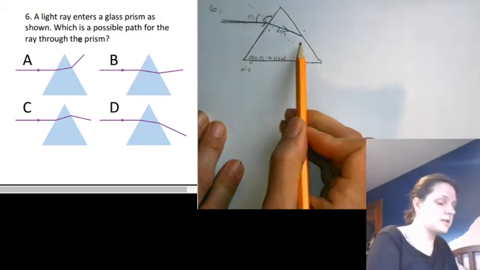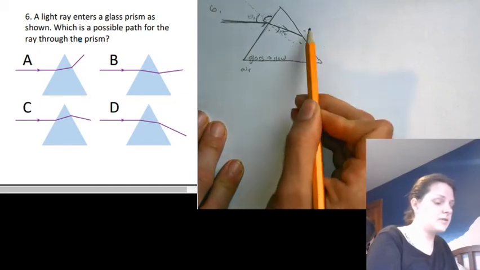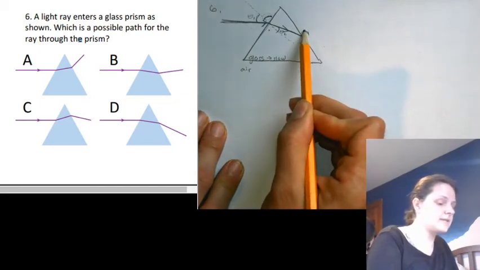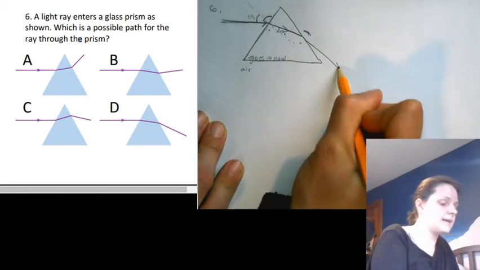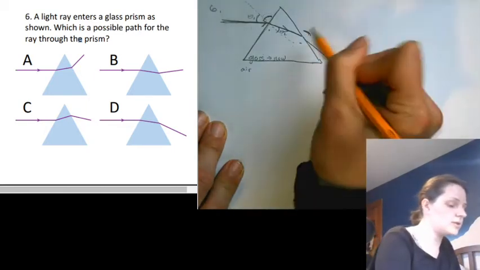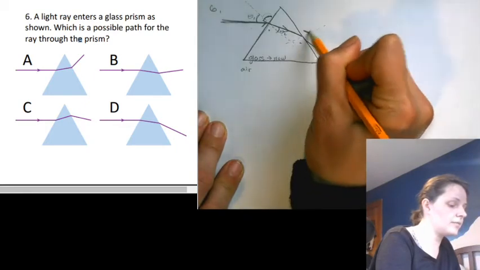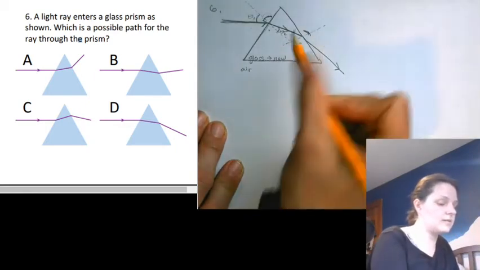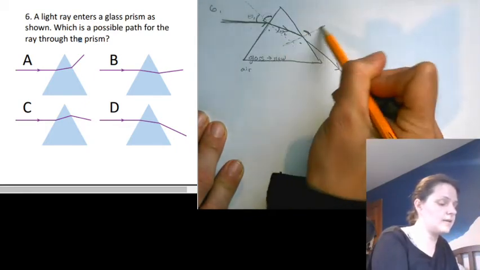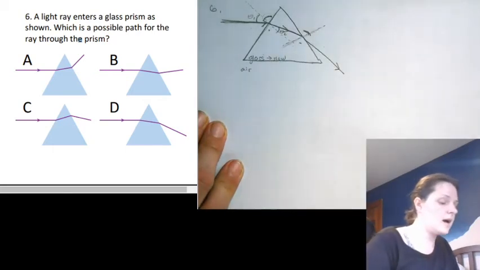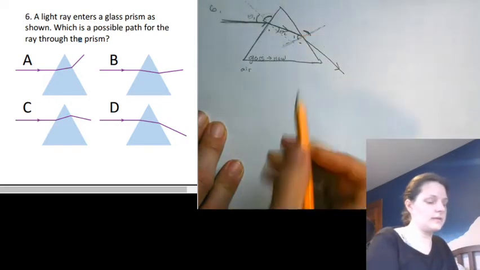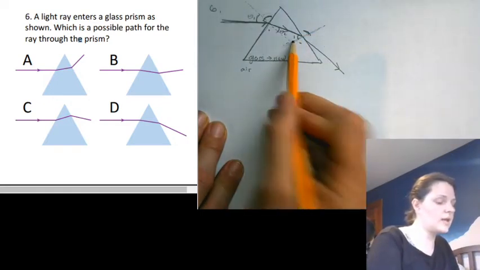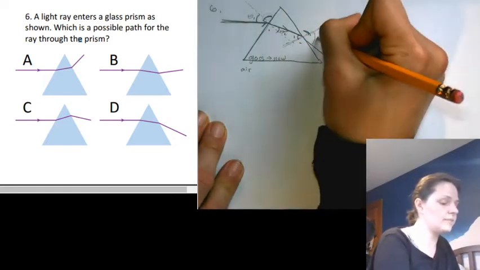Now I'm going from slow into fast. So this is the fast medium. So this is the side that will move more. And this is going to bend down again. If we use this rule about the normal, there's my normal line. So I draw this line here and that line there are perpendicular to each other. And now angle 1 would be this one, right? The line relative to the normal. And angle 2 is this one.